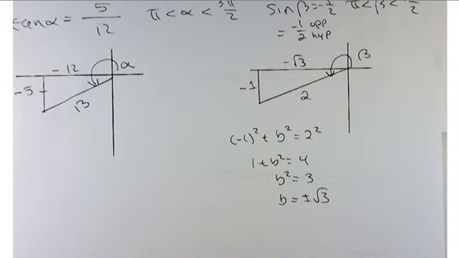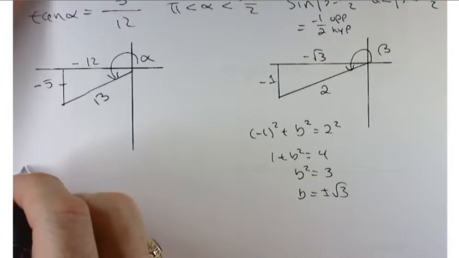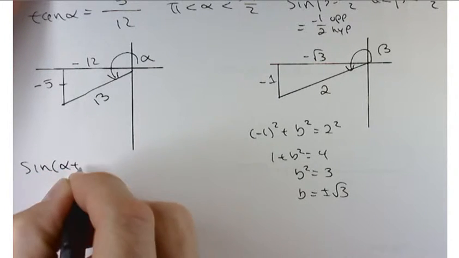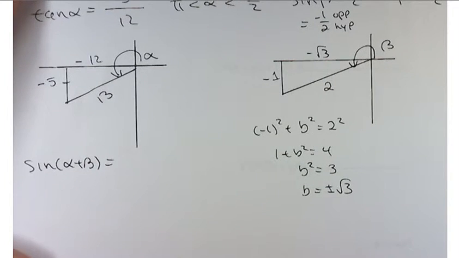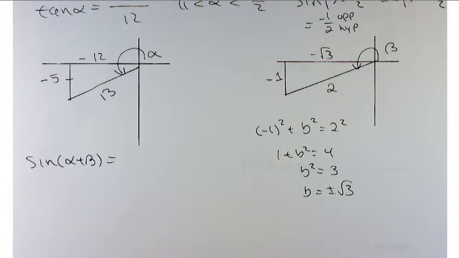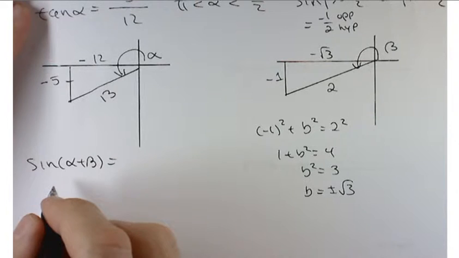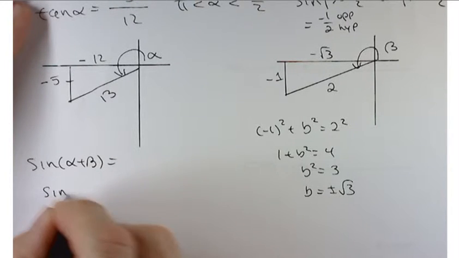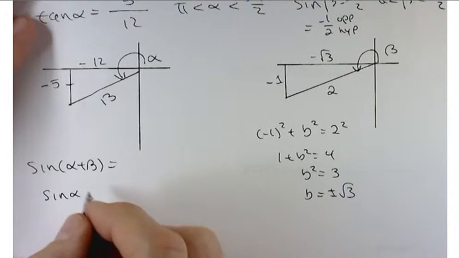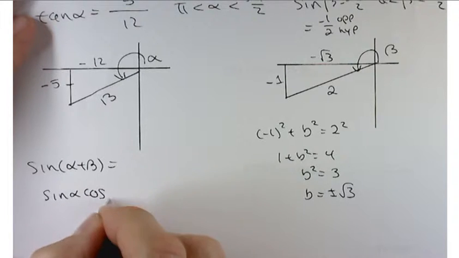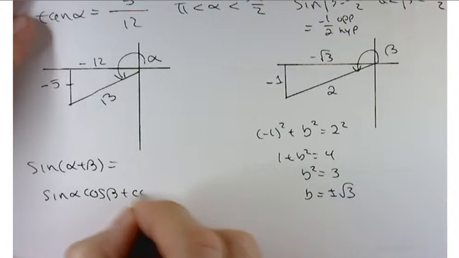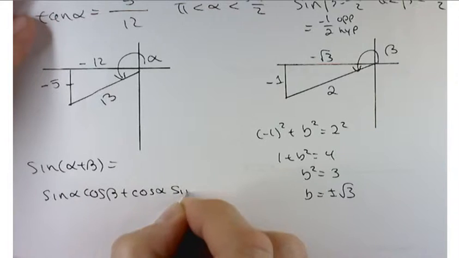We can answer any question they want to throw at us right now. So let's take a look at the first question that they do throw at us. They ask us for the sine of alpha plus beta. Okay, well, there's a formula for that. We know that. It's sine of alpha cosine of beta, plus cosine of alpha sine of beta.